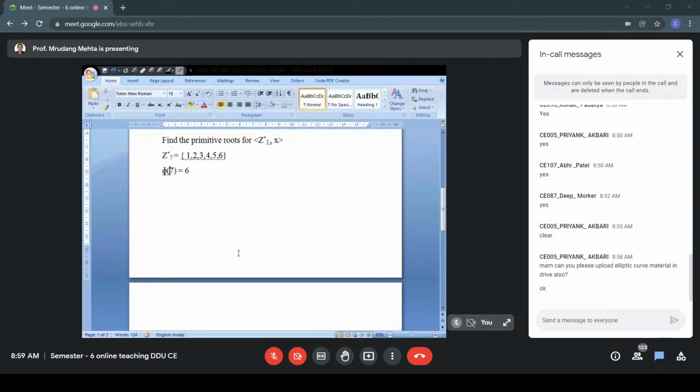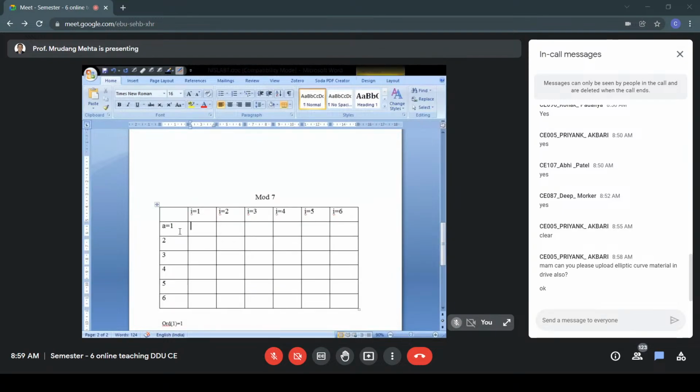So we have to find a raised to i. 1 raised to 1 is 1. 1 raised to 2 is 1. 1 raised to 3 is 1. 1 raised to 4 is 1. And 1 raised to 5 is 1. And 1 raised to 6 is also 1.